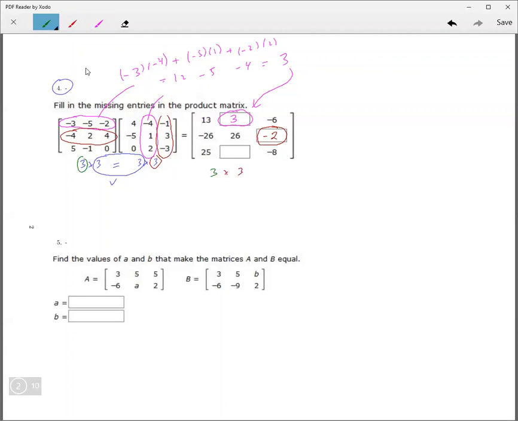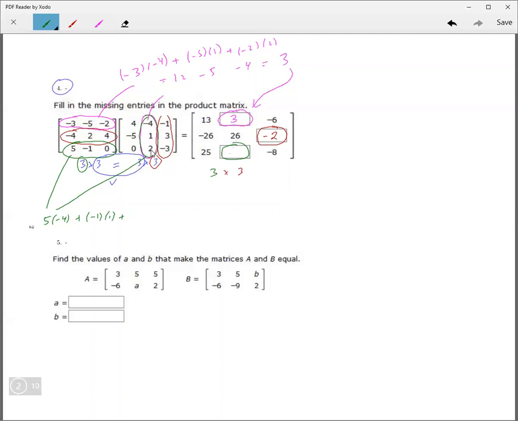And then finally here, we have the third row and the second column. So we use the second column again for that one. Okay, so the first one's 5 times -4, plus the second one's -1 times 1.